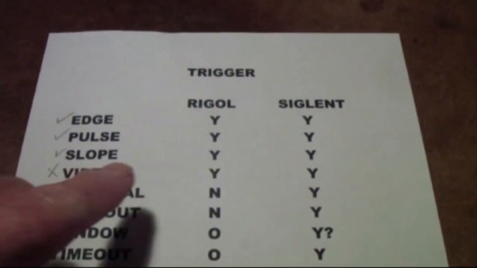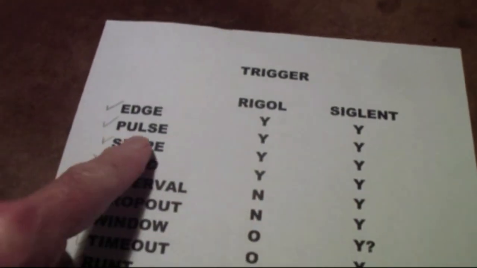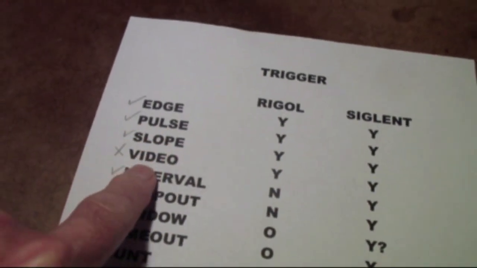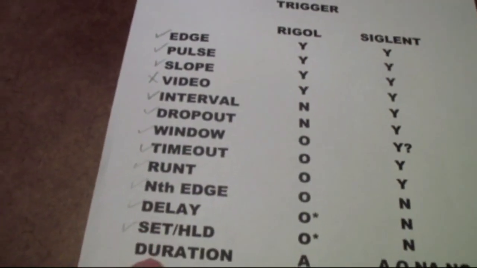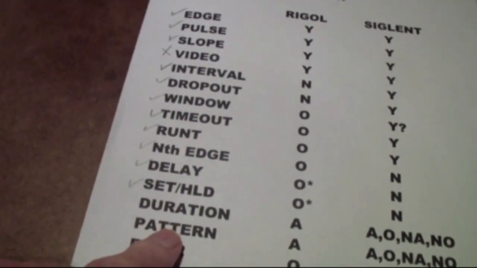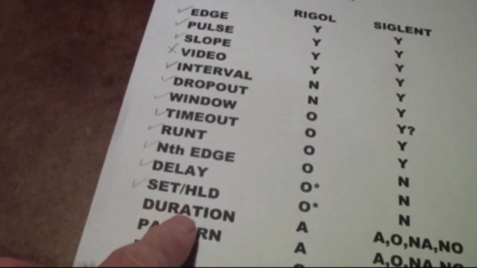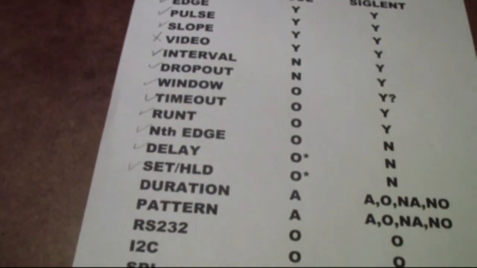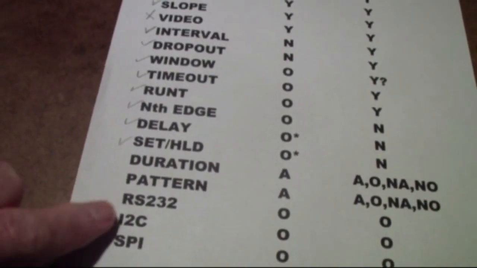So far we've compared the various triggers of the Rigol and the Siglent. All of these except the video trigger, the ones that are checked over here. The ones that we have left are the duration and pattern trigger, which I'm going to do next, and then the bus trigger and decodes.